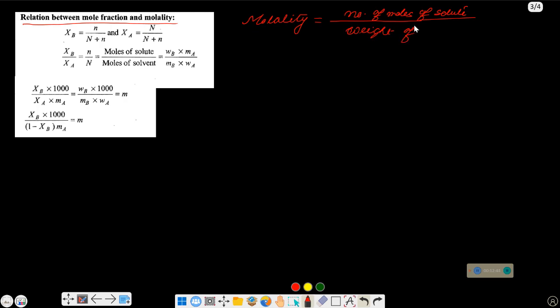But how much solute is present in how much kg of the solvent. So this is the molality, and the formula comes out as follows: if Wb grams of solute is given, then its number of moles will be Wb by Mb, if the molecular weight of the solute is Mb. The formula comes out to be this one, right?